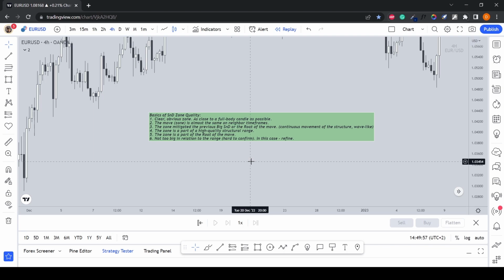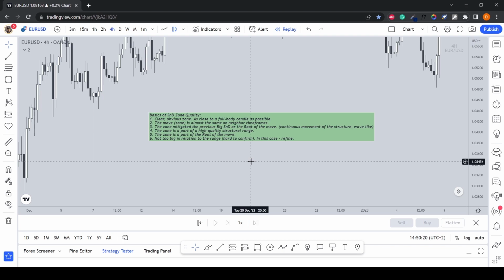So it's just your guidelines about how a good zone can look like, and then you can decide maybe when you have like 2 or 3 qualities available in this specific SnD, then you understand that it's a good zone.